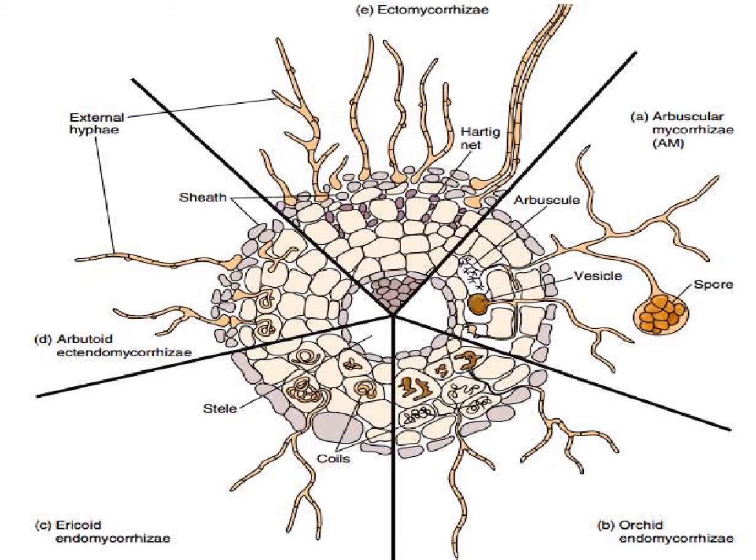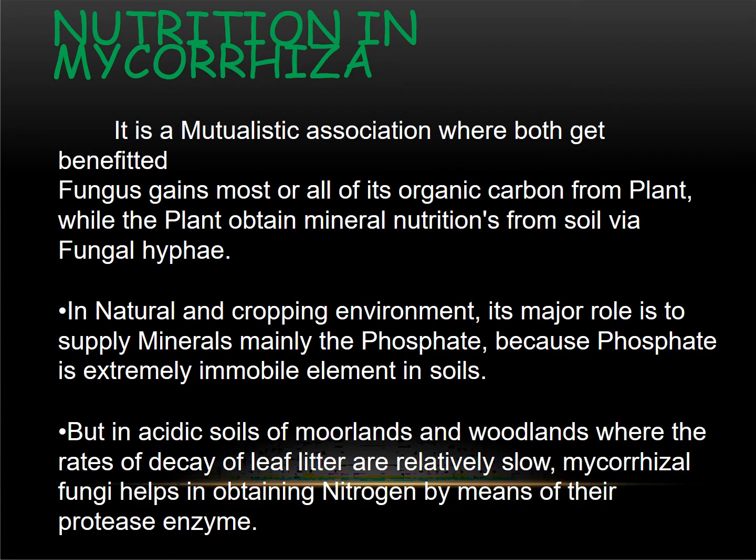When it remains confined to the outer epidermal layer, it forms ectomycorrhiza on the plant. It also provides nutrition to the plant in the form of phosphorus. It even protects the plant from root-borne pathogens, and it also increases the overall growth of the plant.